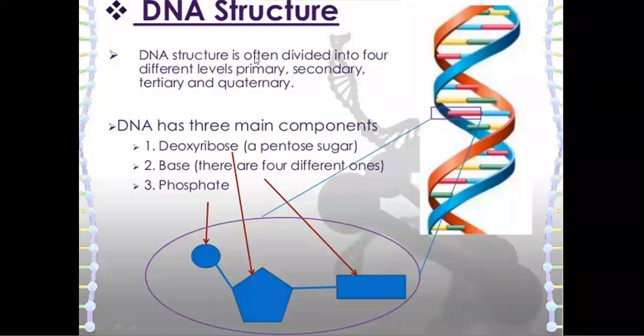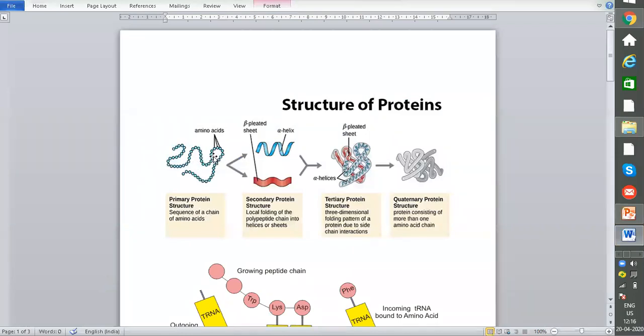And the DNA structure is divided into four different levels: primary, secondary, tertiary, and quaternary. In the primary structure, DNA is linear. In the secondary structure, alpha helix or beta sheets are present, that means the nucleotides interact and form a helix structure.